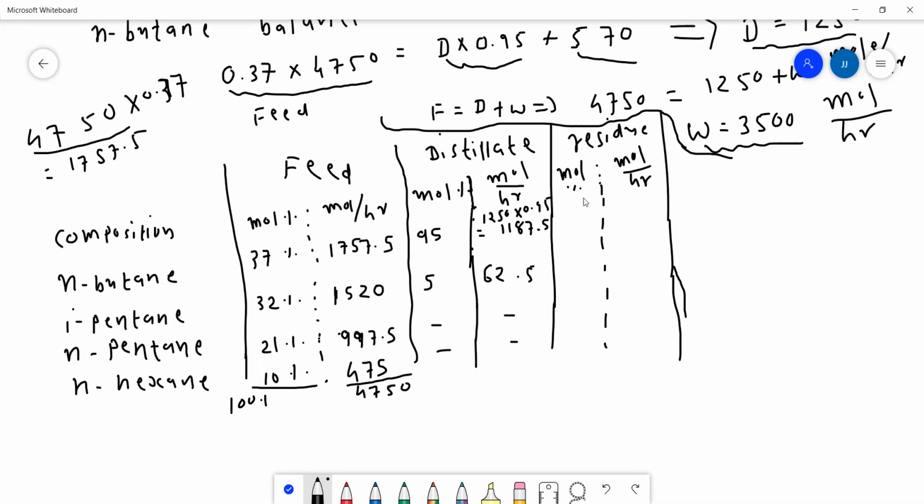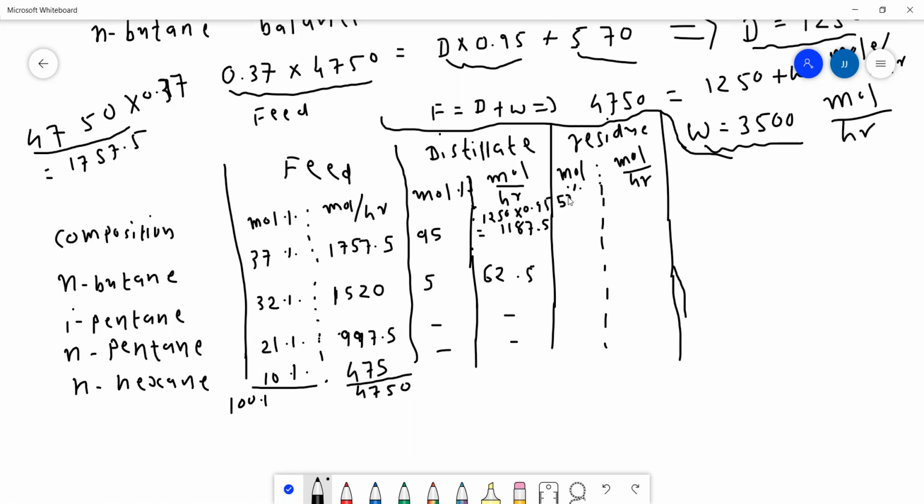So first we need to determine the mole percentage. Now the molar flow rate of N-butane in the residue is 570.